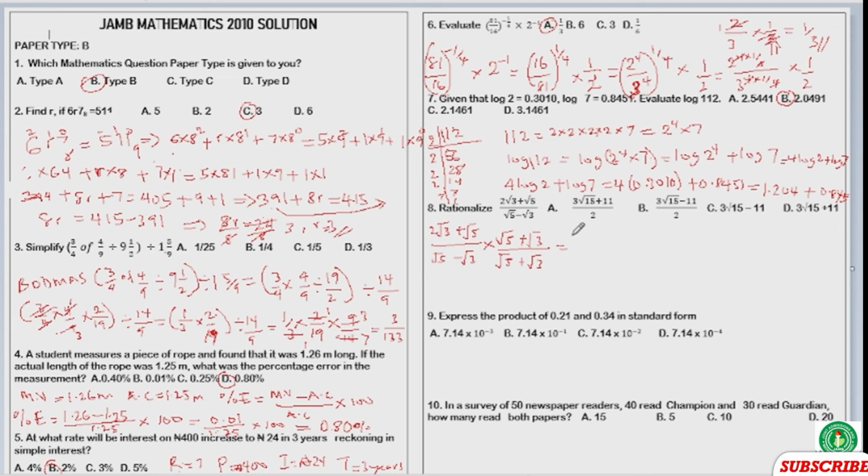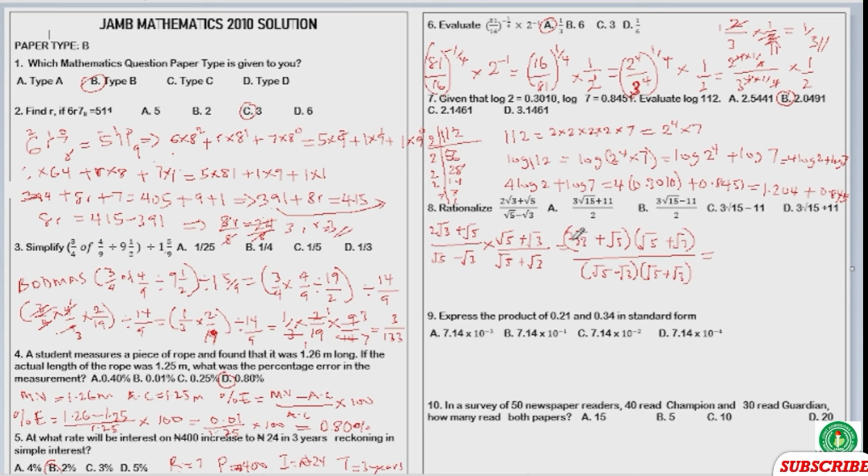So what do we have here? 2 root 3 plus root 5 into brackets, open another bracket, root 5 plus root 3, all over root 5 minus root 3 multiplied by root 5 plus root 3, bracket close.